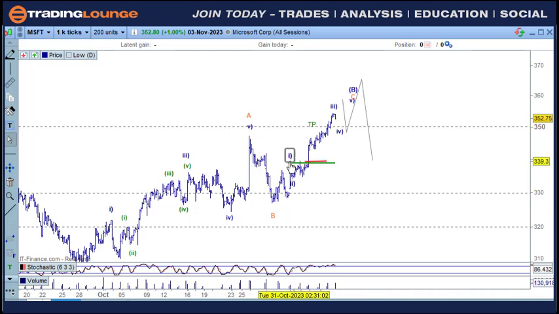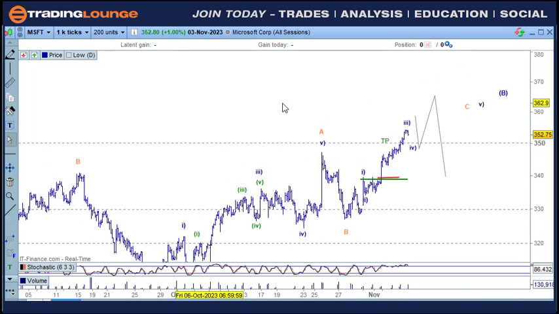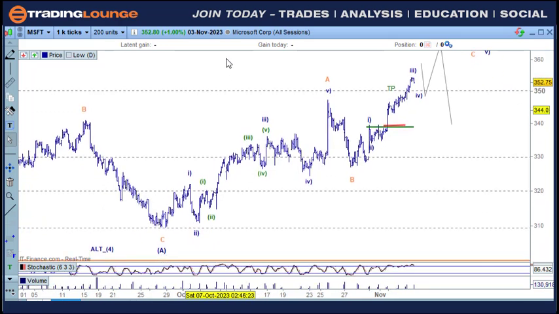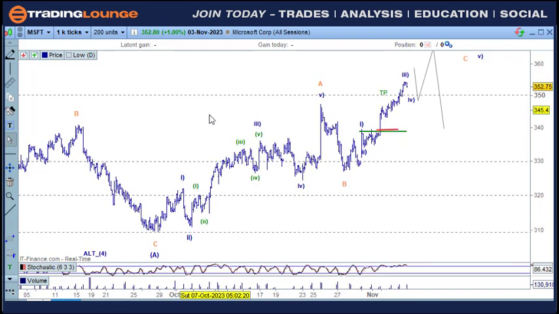So we had a long trade here. We moved the stop to break even. Our target was the 350, and now we need to see this top come in. But if I just remove these here for a moment, this may all need to be changed as well, because Microsoft had moved up much earlier than the other market, so it's slightly different.